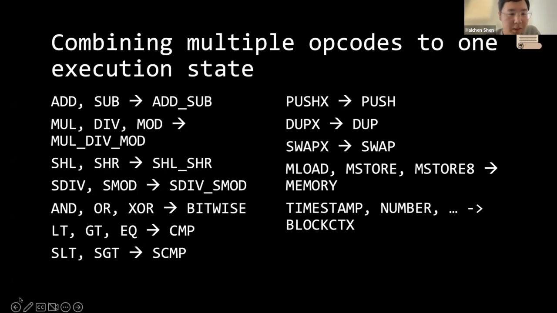There are some other examples, like comparison, which you can put into one simple execution state and a slot. And there are certain memory operations you can combine into a single execution state. So each execution state will correspond to a simple gadget that is going to constrain them altogether.